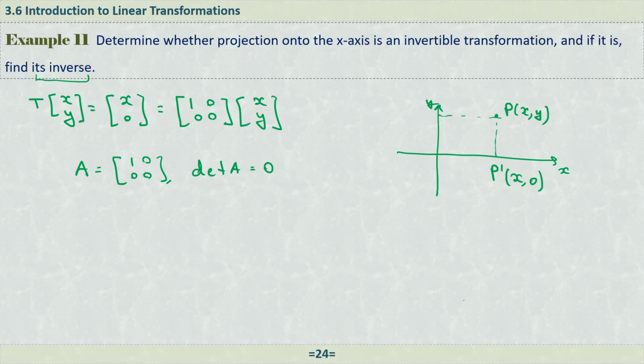We don't have any matrix that puts this point back here. Why? Because the projection of this point onto the x-axis is unique, it is here, right? But if you ask where this projection point came from, to this line or to this line, it's not mentioned. There are infinitely many points above this point. That's why it doesn't have an inverse.